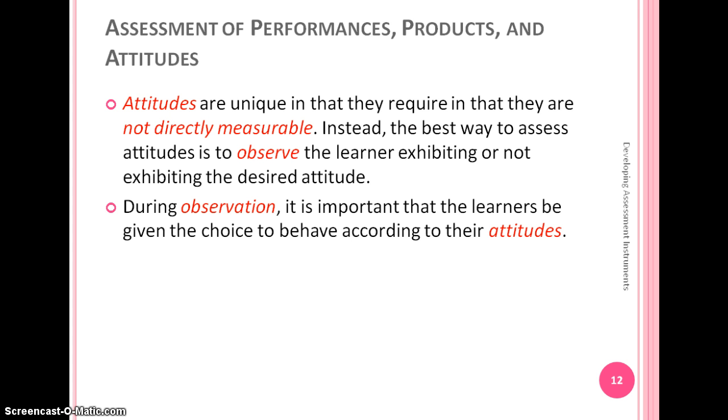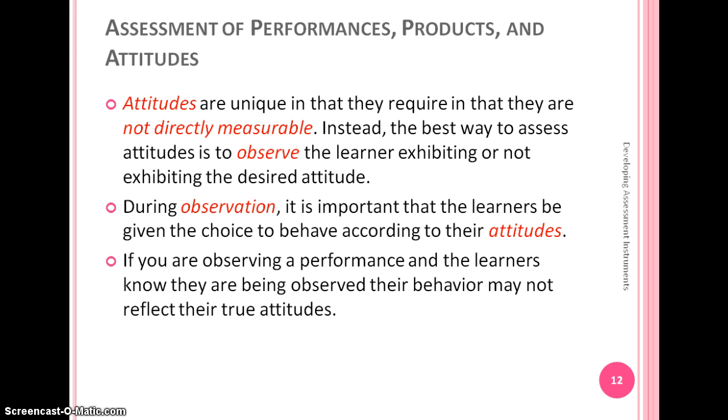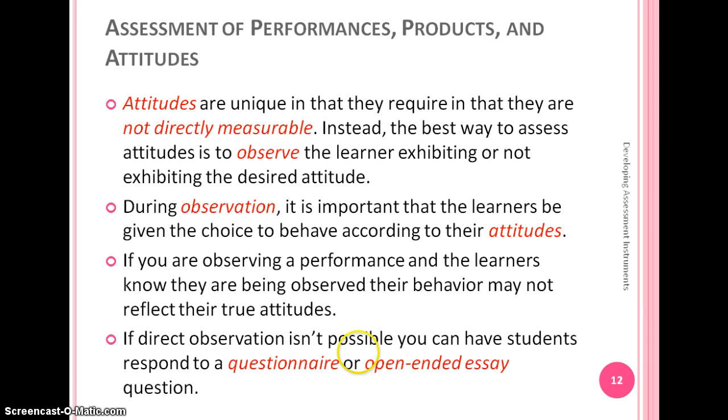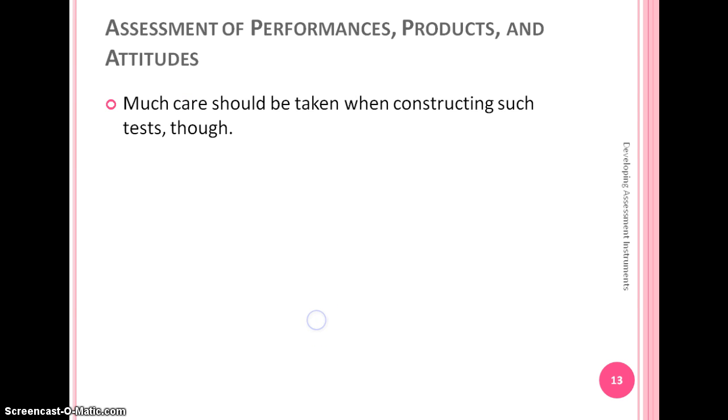During observation, learners are given a choice to behave according to their attitudes. If you observe a performance and the learners know that they're being observed and they tell you they won't be able to show their true attitudes, then you have an option to use a questionnaire or open-ended essay questions.